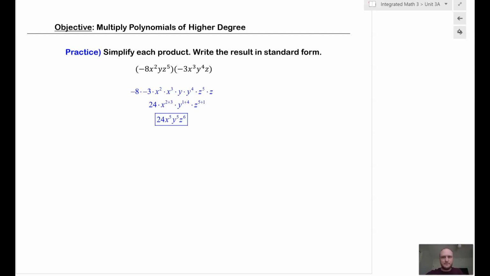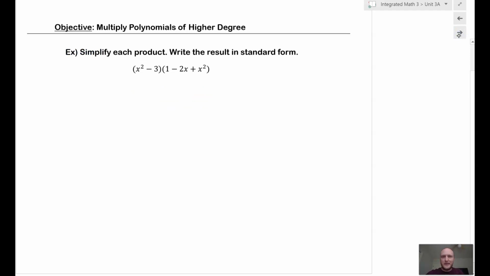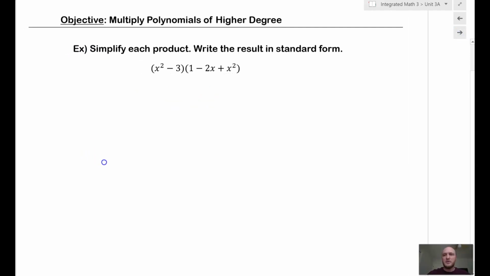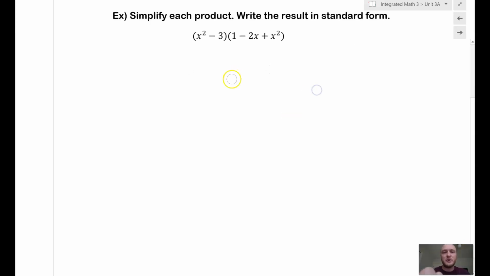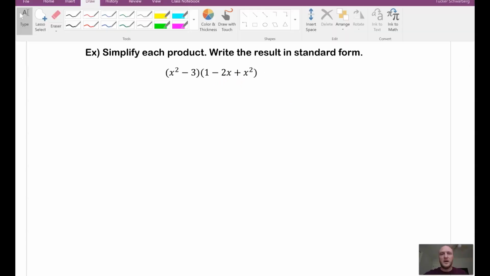Okay, let's go ahead and look at some polynomials being multiplied together. And really, this is a little bit different because your powers are going to be higher, and we're mixing up some binomials with some trinomials. And it looks like we have our second term not in standard form.